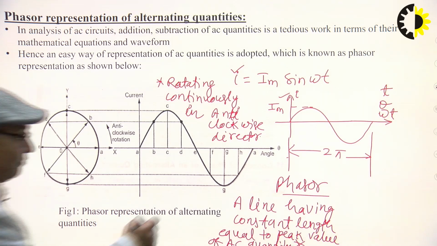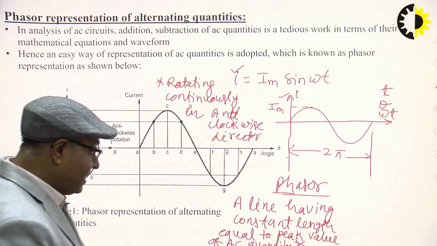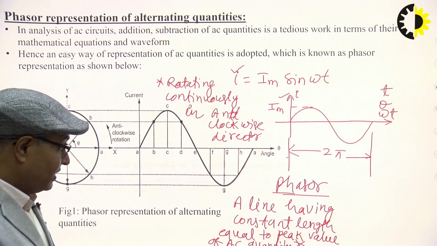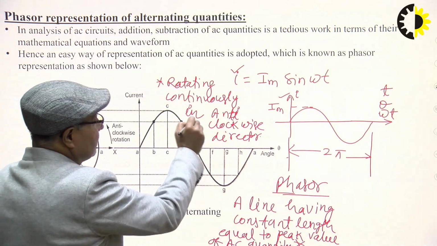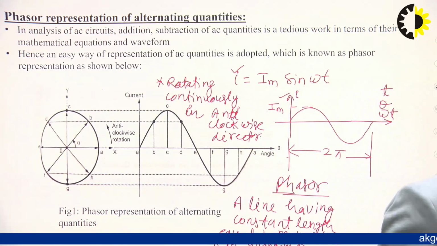What is a phasor? A line having constant length equal to the peak of the AC quantity and rotating continuously in the anti-clockwise direction.